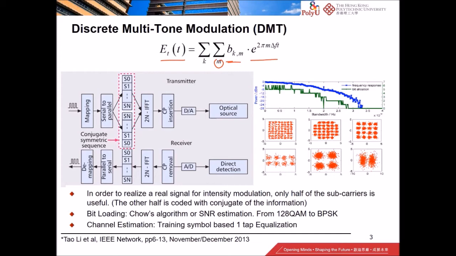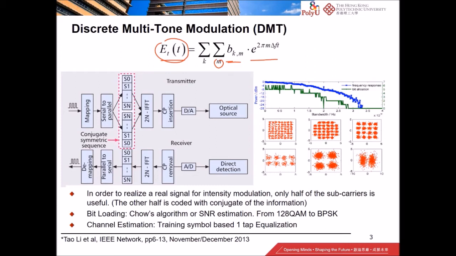Now, to make sure that the overall signal is real and positive, first of all you make sure that the signal is conjugate symmetric, meaning the negative subcarriers are the complex conjugate of the corresponding positive subcarriers.